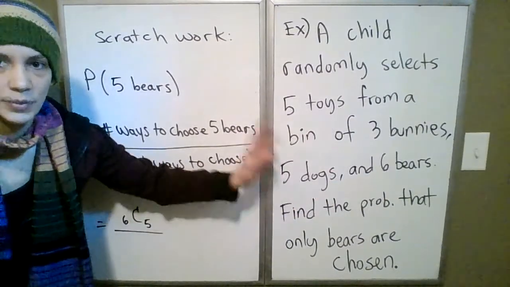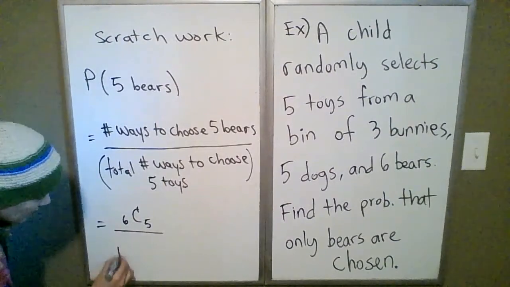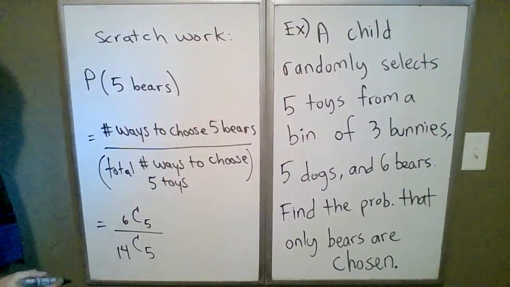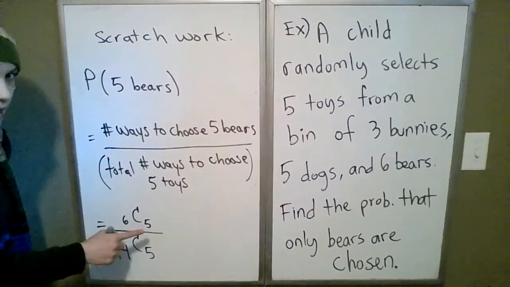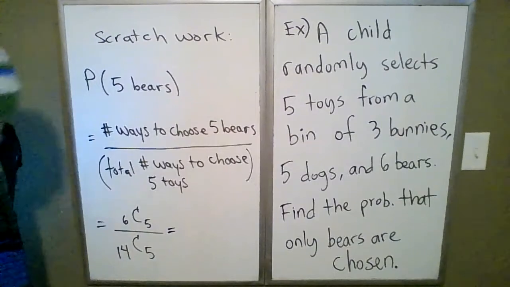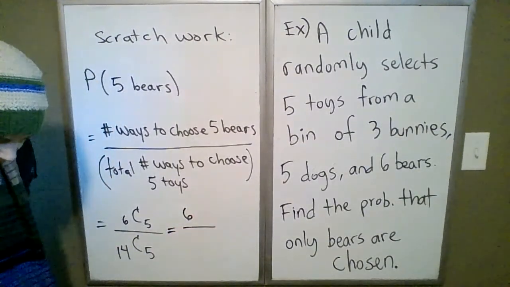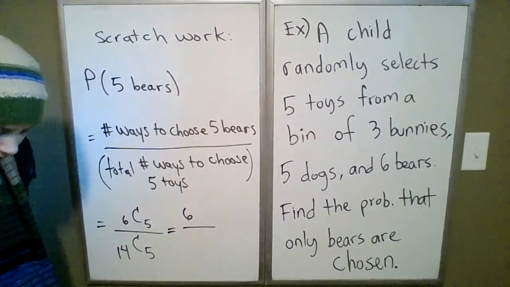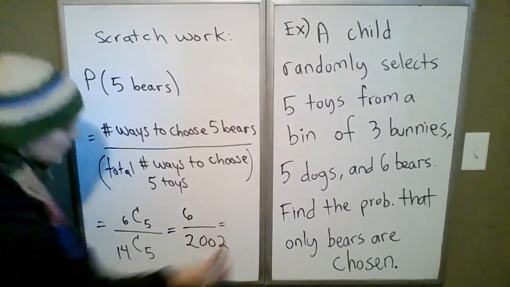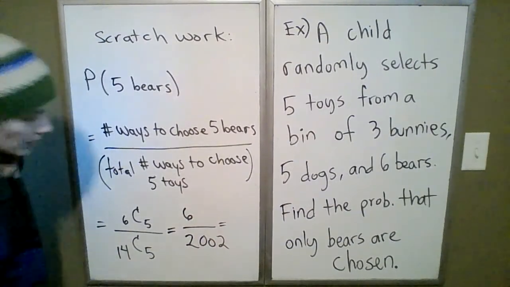Out of 14, we're choosing 5. 14 choose 5. Okay, 6 choose 5 is 6. And 14 choose 5 is 2,002. And this reduces to 3 over 1001.